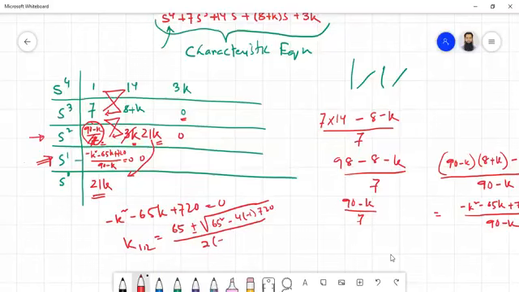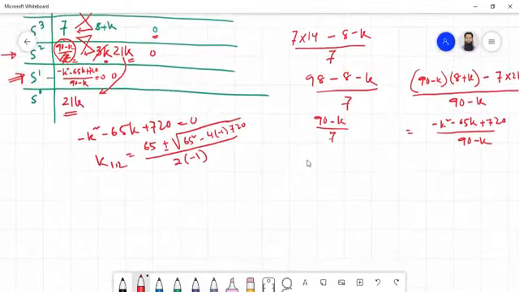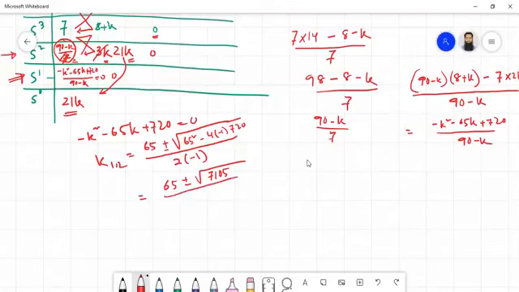Over 2 into minus 1. So what we are going to get is 65 plus minus root of 7105, divided by minus 2, and then 65 plus minus 84.291, divided by minus 2.